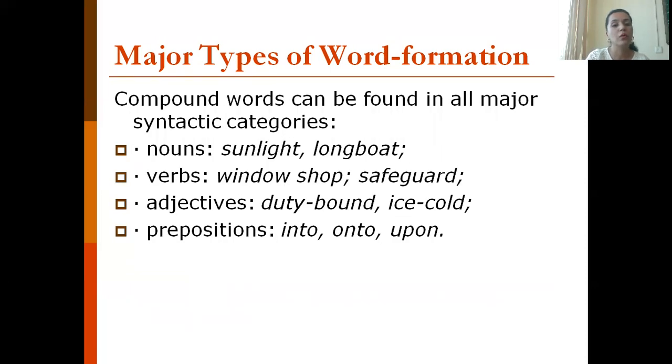Compounds can be found in all major syntactic categories, such as nouns, verbs, adjectives, prepositions. So here are examples: nouns, sunlight, longboard; verbs, window-shop, safeguard; adjectives, duty-bound, ice-cold; prepositions, into, onto, upon.